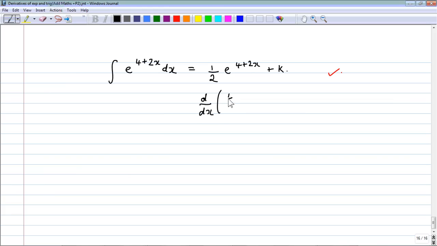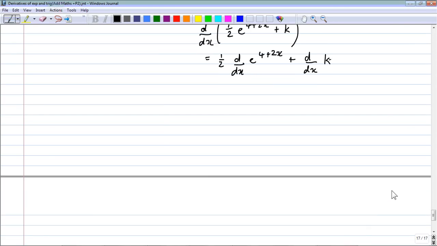The derivative of 1/2 e to the 4 plus 2x plus k equals half of the derivative of e to the 4 plus 2x plus the derivative of k, which equals half e to the 4 times the derivative of e to the 2x plus the derivative of k.